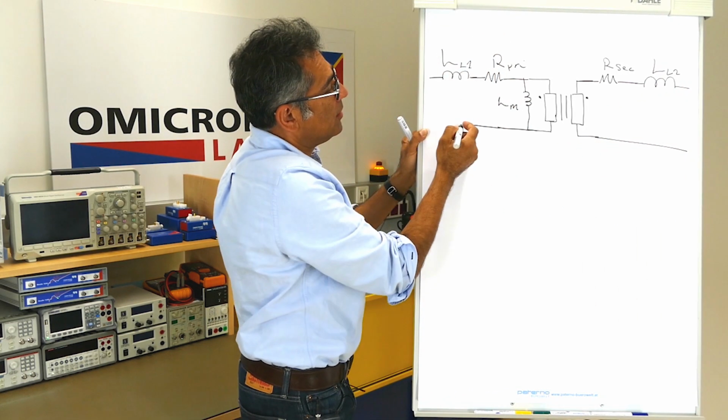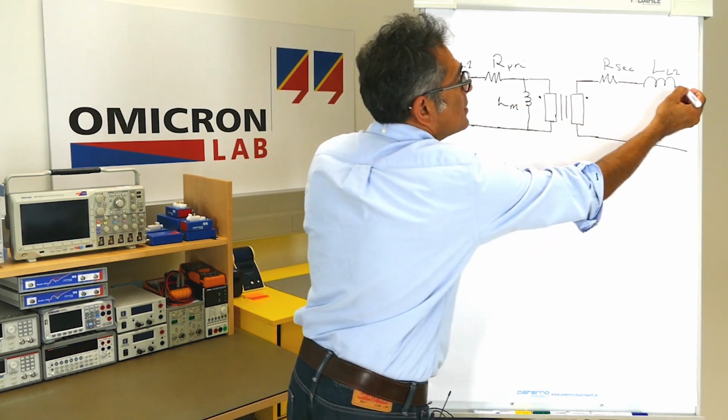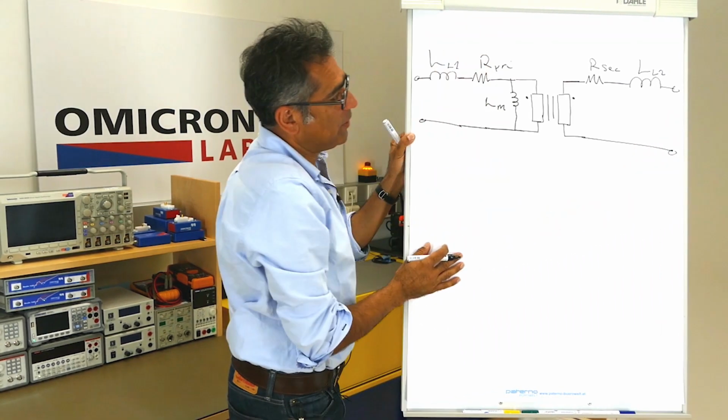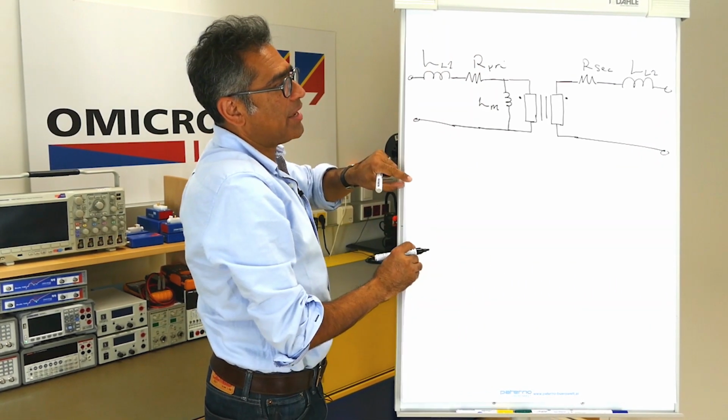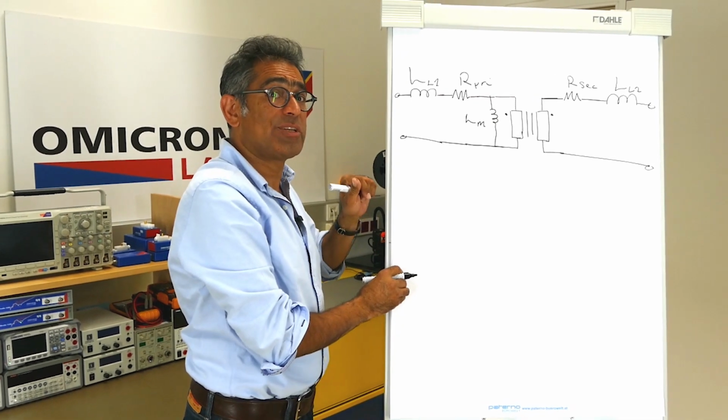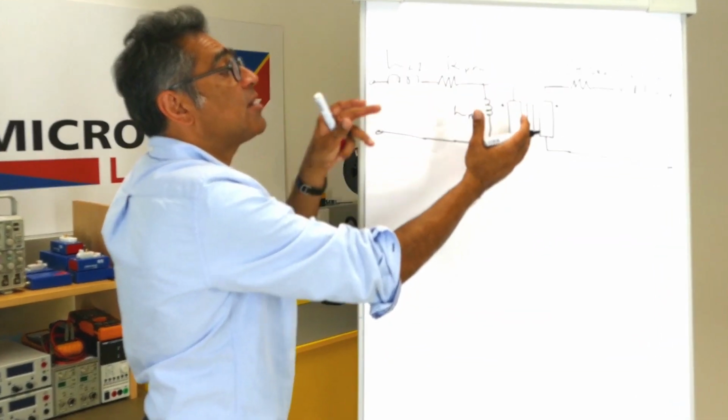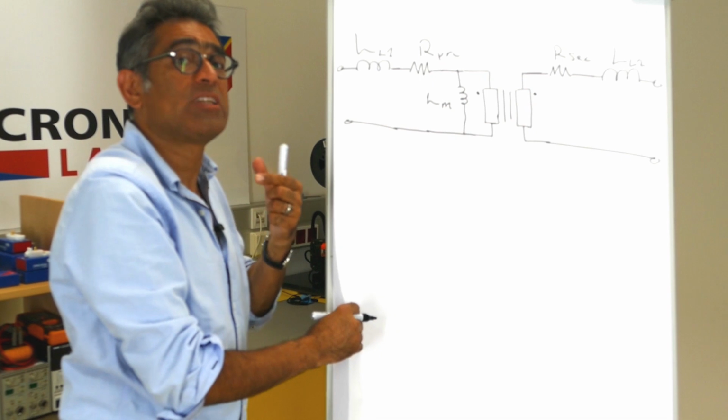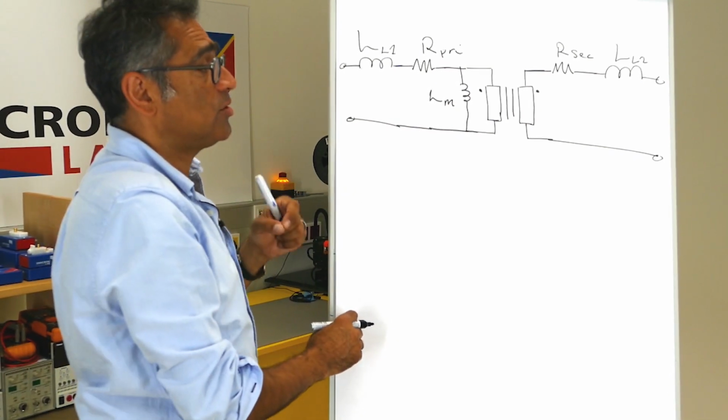Now, here is the simplest model for the transformer. We're going to go to the next page, where I have put some numbers in so that we can see how we can start manipulating this in order to get a model that we can use to design a snubber.